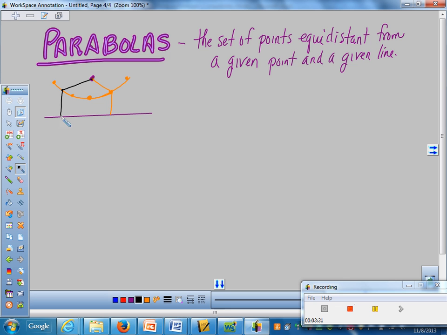In fact, if I extend the parabola, if I even let the parabola continue upward, I should even be able to come out here to a point on the edge, that point out there. The distance from the given point and the distance down to the line, those two lengths should be the same every single time. Every single point on the parabola is equally distant from that point and that line. Seems kind of amazing that it does that.